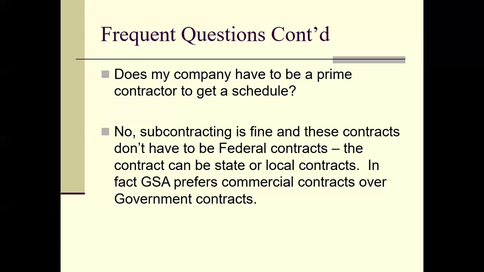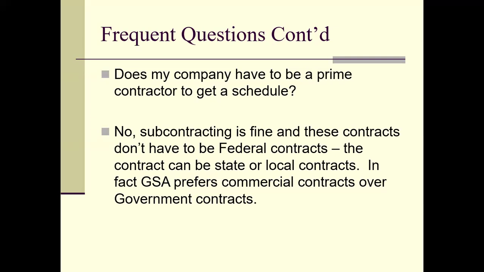Okay. Does your company have to be a prime contractor to get a schedule? No. In fact, subcontracting is perfectly acceptable. And they don't have to be federal contracts either. The contract can be state or local. In fact, GSA actually prefers commercial contracts over government contracts. And you say, well, why is that?